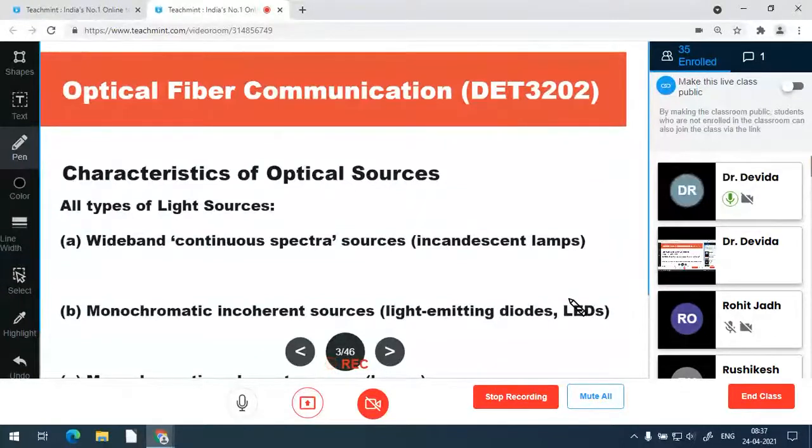The complete fluorescent tube radiates the light. So this is the situation. All the fluorescent light tube surface radiates light. So this is the point to be remembered.